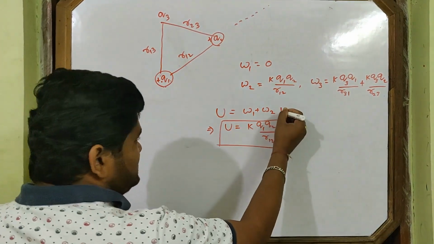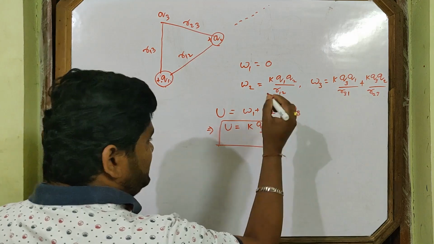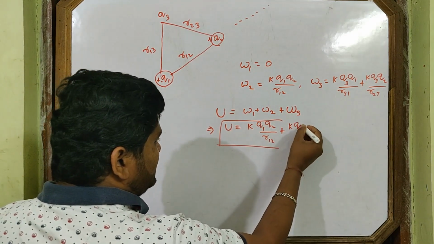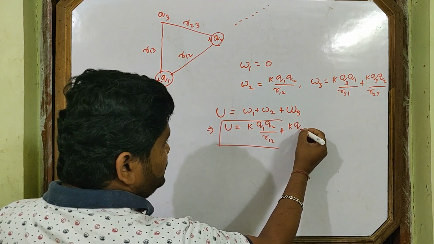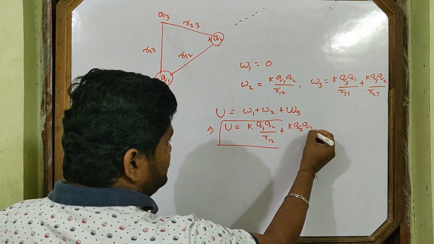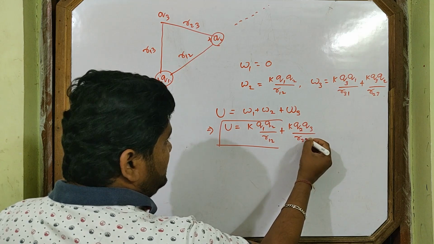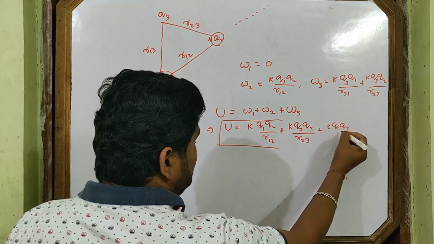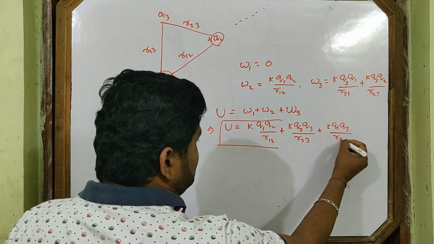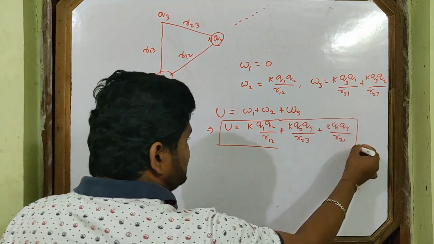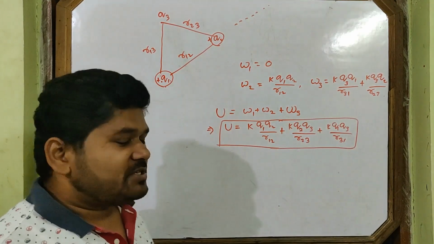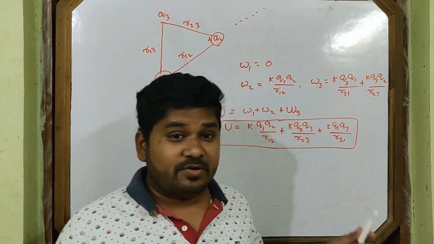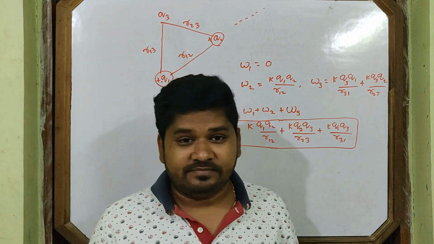Then what is the potential energy of the system? Now W3 you have to add. If you add, 2 terms are added here: K Q2 Q3 by r23, then K Q1 Q3 by r31. So this is the expression of potential energy of a 3-particle system, and you have to remember this expression.